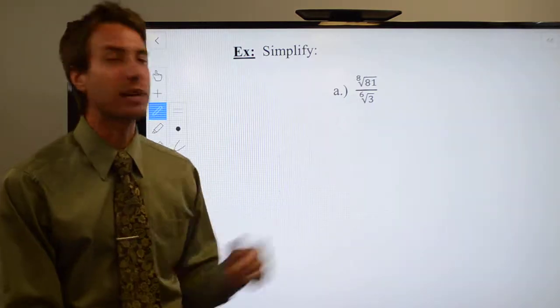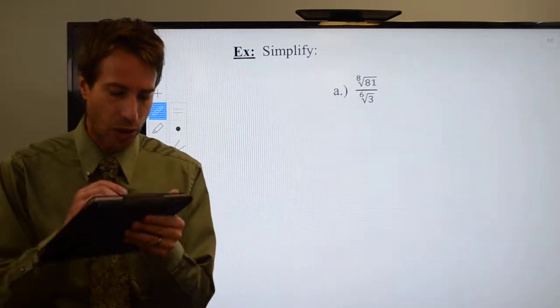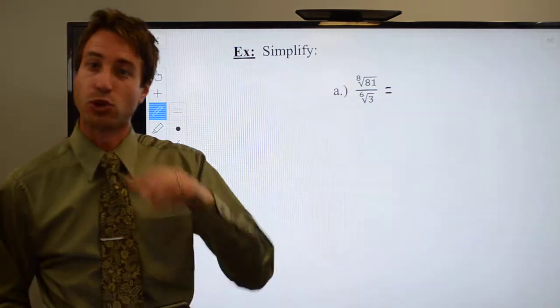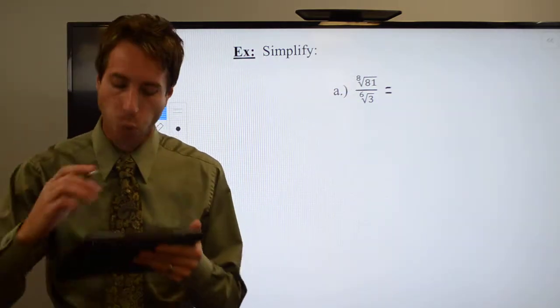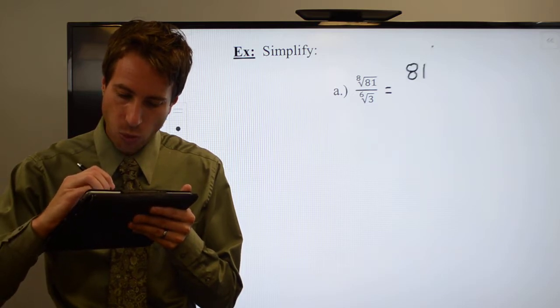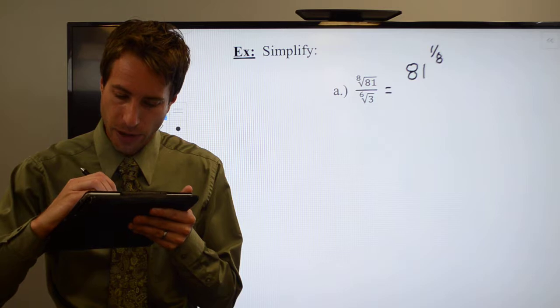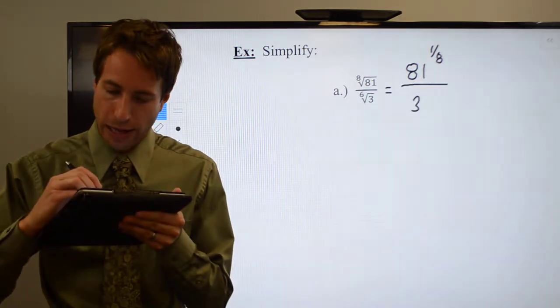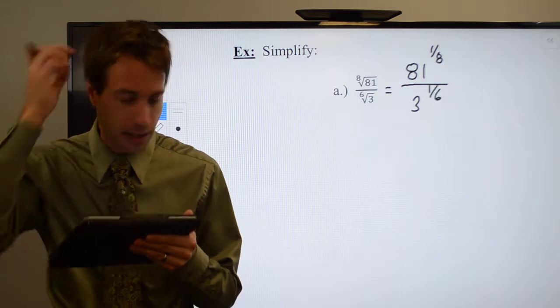Let me rewrite this first. I have an 8th root, so I'll rewrite this as 81 to the 1/8 power over 3. My index is a 6, so that'll be to the 1/6 power.